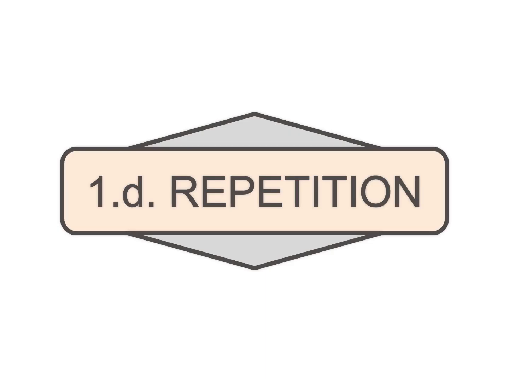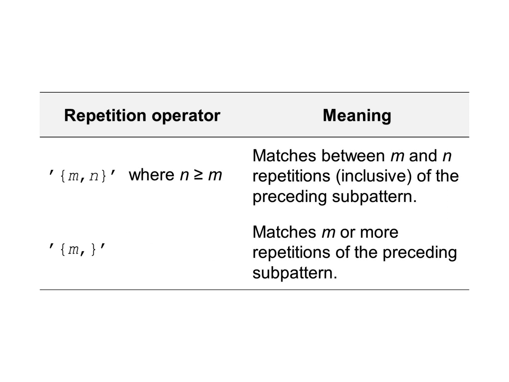Repetition operators. Operators in patterns allow us to match repetitions of a subpattern by following them with one of the operators given in the table. The repetition operator is given on the left, and the meaning of this is given on the right. With the first operator, we can match between m and n repetitions. With the second, we can match m or more repetitions.